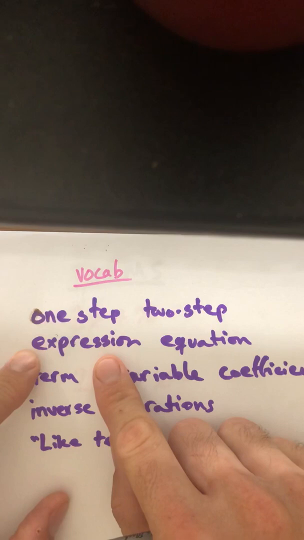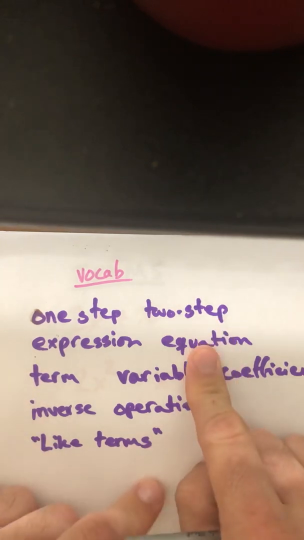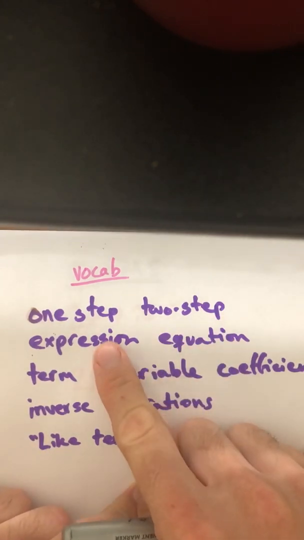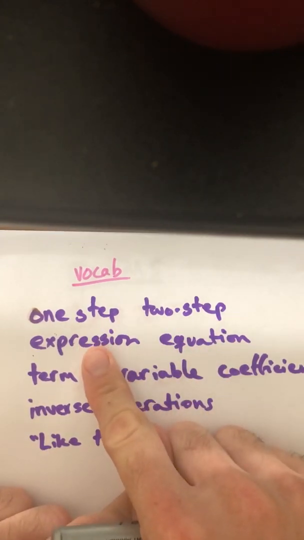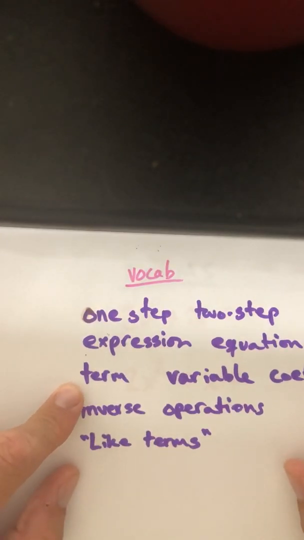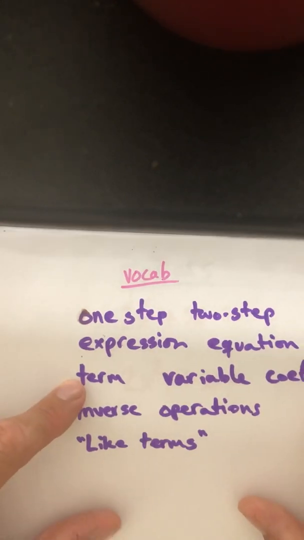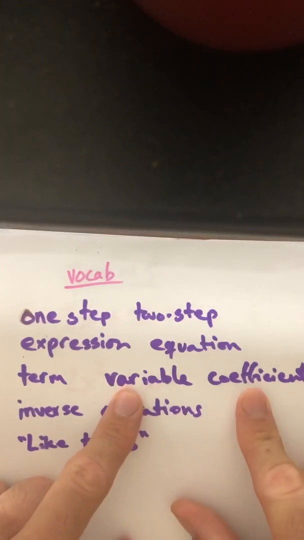An expression is a group of terms together. An equation is that same group of terms with an equal sign in it. You can solve equations, but you can't solve expressions. You can simplify expressions, but you can't solve them. A term is anything separated by a plus or minus, or it's also a number, and it consists of a variable and a coefficient and an exponent.